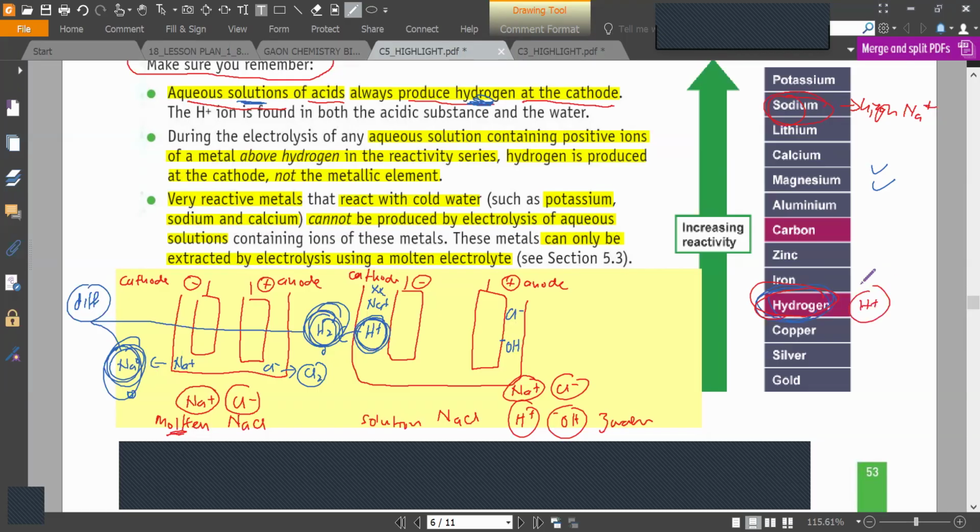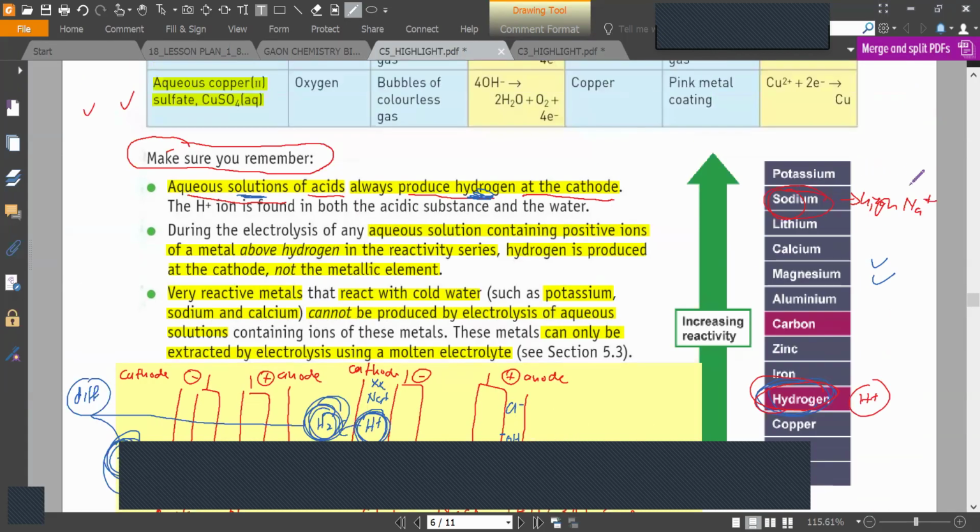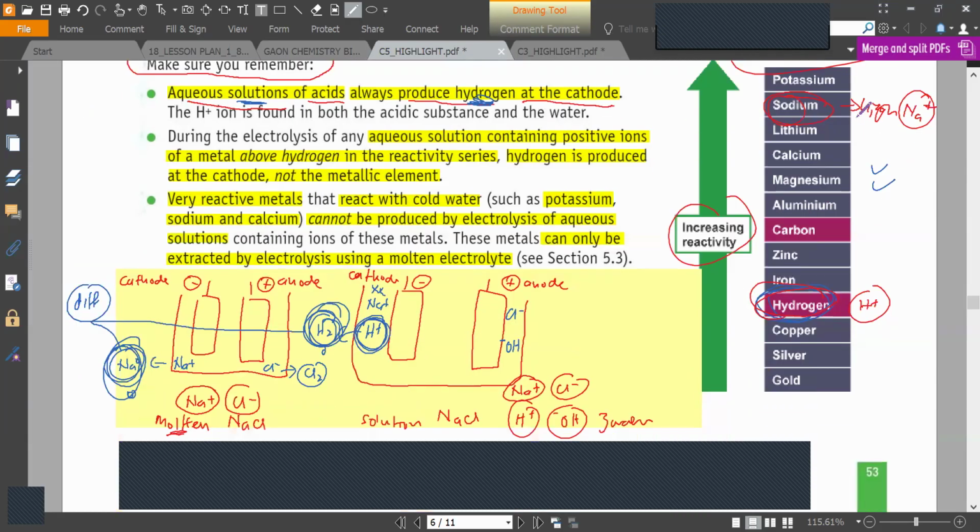Sodium ion means high reactivity. This may be a little bit complicated for you at this moment. You may not understand or cannot remember. It's okay, we will come back to this later, again and again.